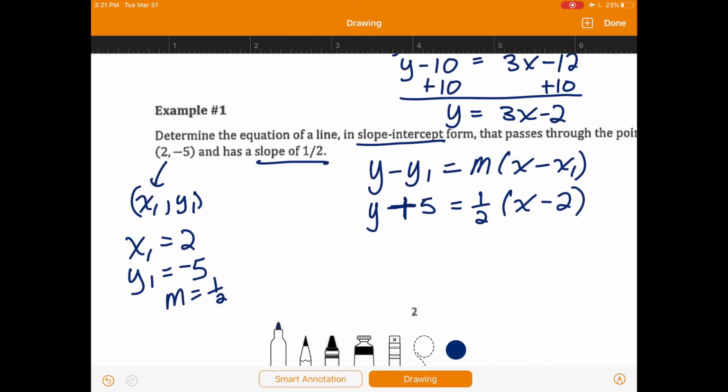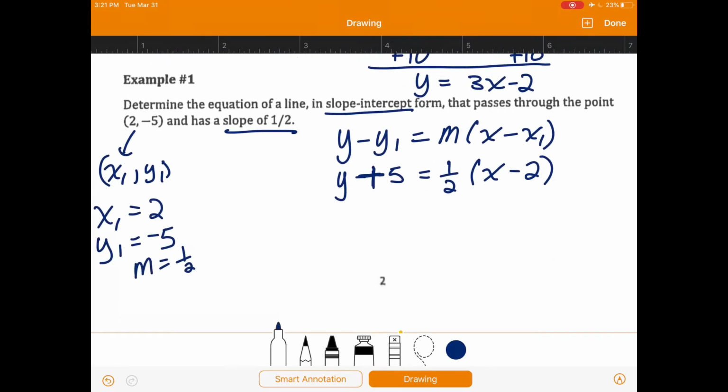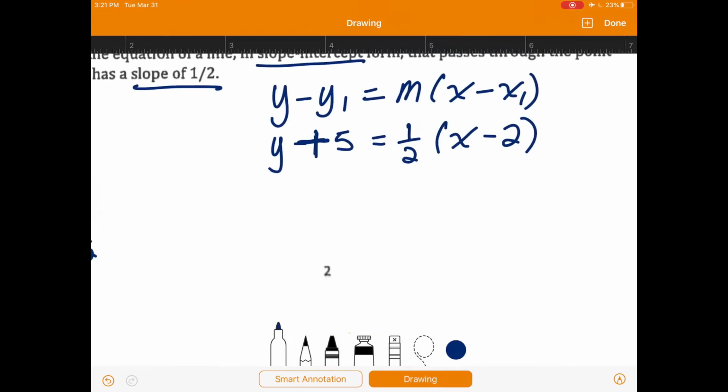And then we're going to do just like we did up here. We're going to distribute and then get y by itself and see what y equals mx plus b is going to look like. And then we've got 1/2 times -2, which is going to be -1.